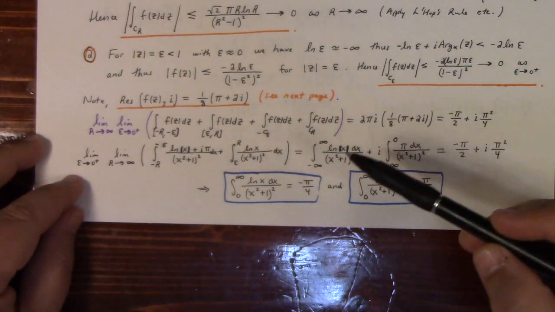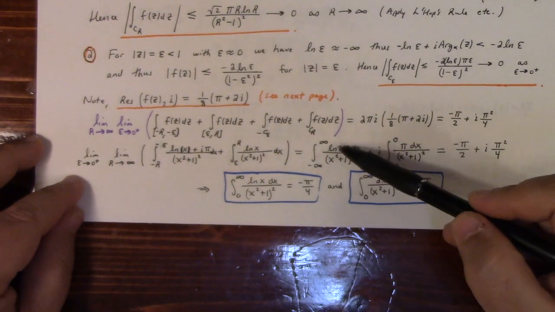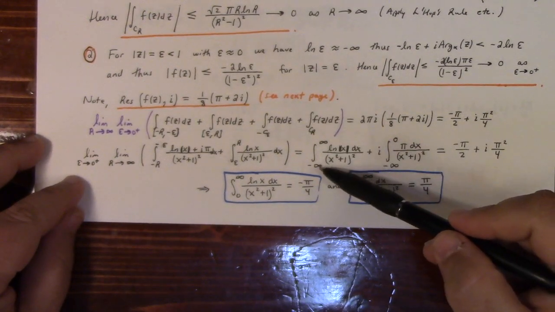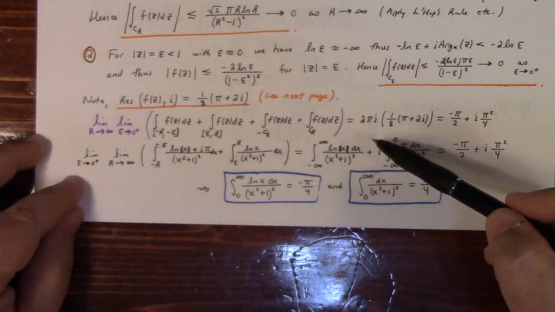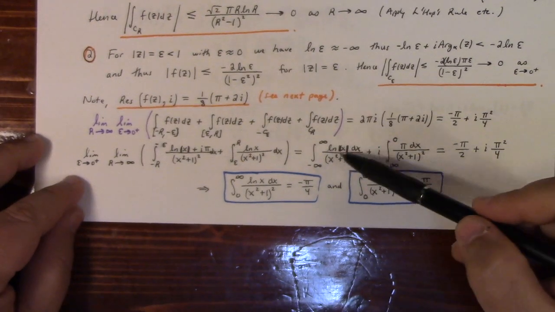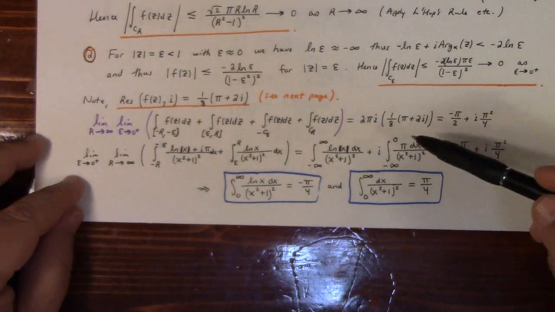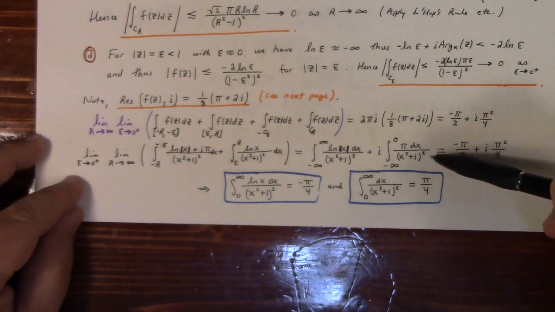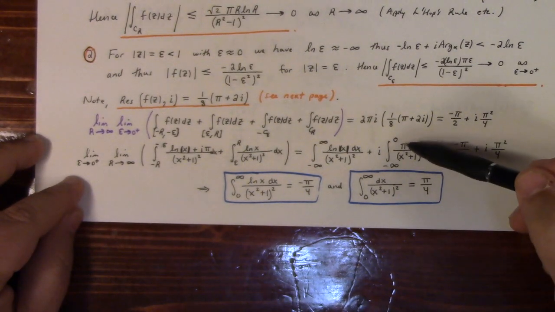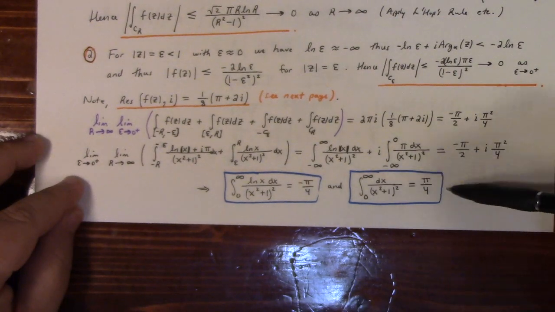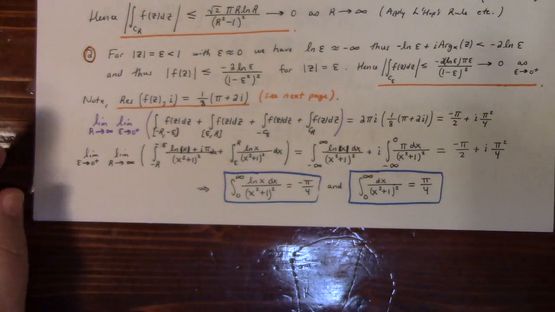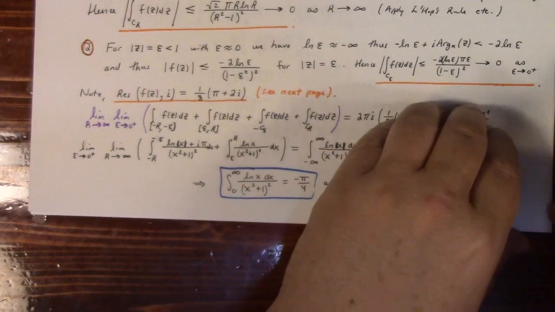My bad. Anyway, dividing by 2 and going from 0 to infinity gives half of what that is, which is minus pi over 4. And for the imaginary part, I've got a pi squared here and a pi here, so I divide by pi and it gives you that. That one's a little tough.